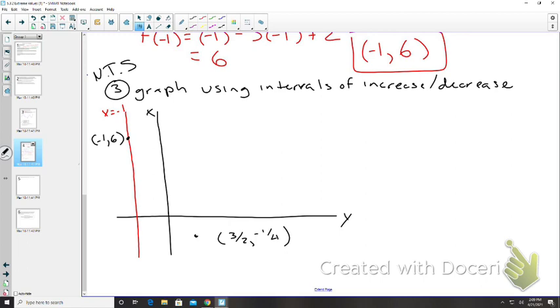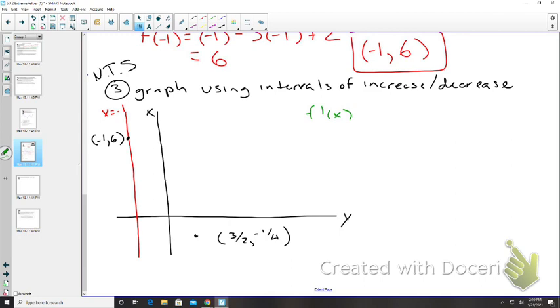Okay, so we know a couple points, but we don't really know the shape of it. And if you went back to grade 11 math, maybe even grade 10 math, you could know that it's a happy parabola, so it has a positive a value, so it must open up. But not all functions are going to be this easy. So let's find intervals of increase or decrease. What do I know about my derivative when it's increasing?